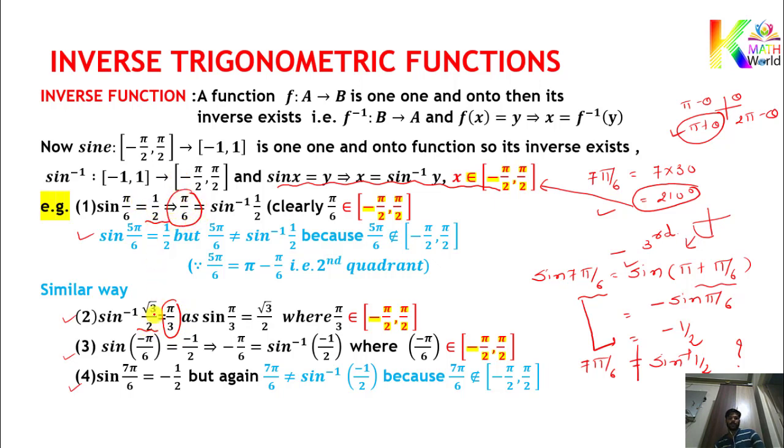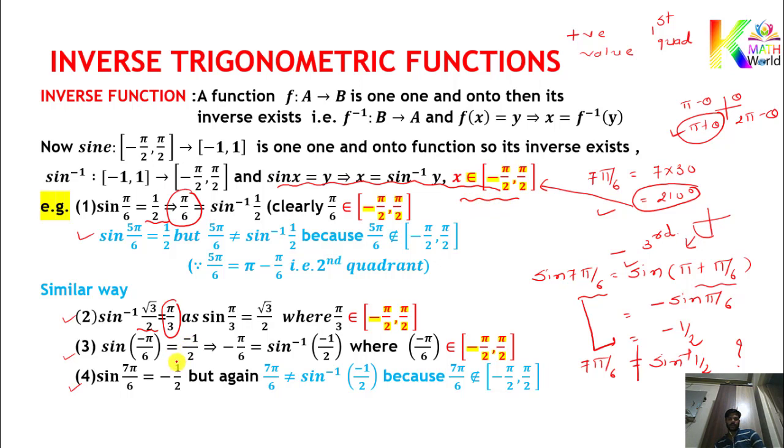It means for positive value you got positive angle, and that is from which quadrant? First quadrant. For positive value you got first quadrant.